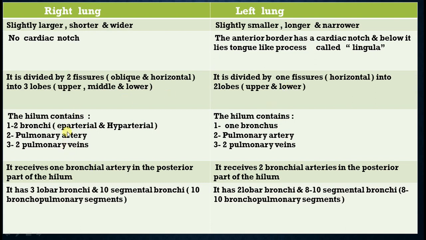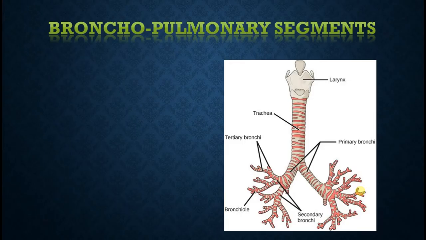Hilar structures: in the right, eparterial and hyparterial bronchus, whereas in the left only one bronchus; one bronchial artery in the right, two bronchial arteries in the left. Bronchopulmonary segments: 10 for the right lung, whereas in the left lung 8 to 10, it might be 8 or sometimes 9. These are some of the differences.